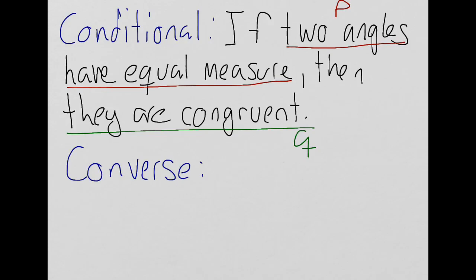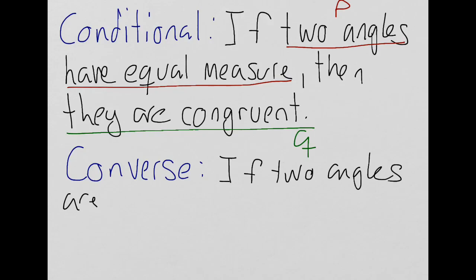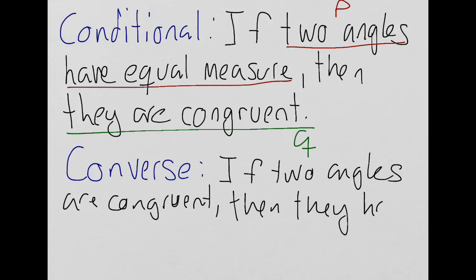So, if two angles are congruent, then they have equal measure.